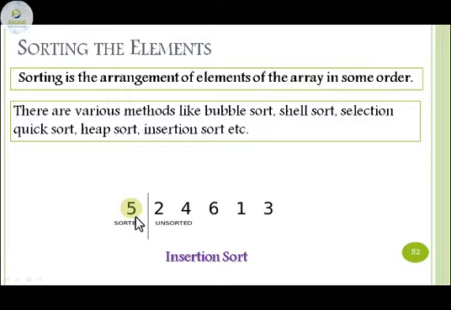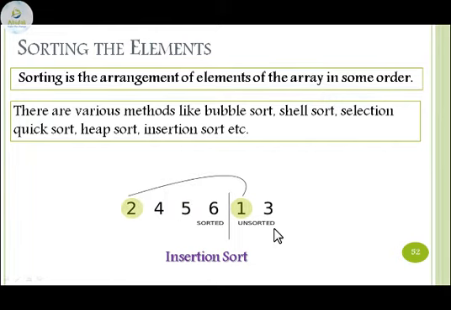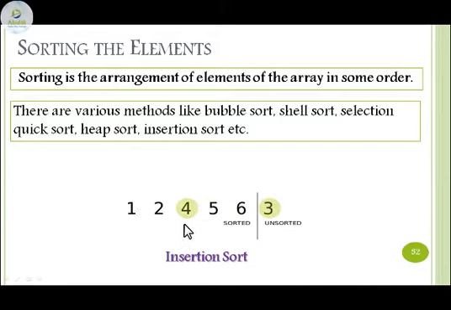The first element, which is considered as sorted, will be compared with the list of unsorted elements. If it is found smaller, it will be arranged in the proper position. Each time the sorted array will increase in size, as you can see, and the unsorted array decreases in size. At the very first, you assume that the first element is sorted, so elements are arranged in ascending order by using this algorithm.